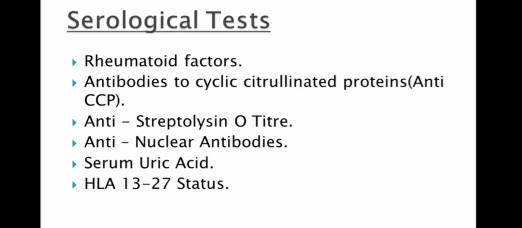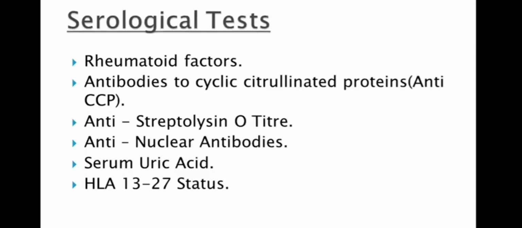Otherwise, if the patient is having no criterion fulfilled at all, but the ASO is positive, then we can tell the patient that this is not rheumatic fever. It is a false positive result. You don't worry. In that way, you can interpret and clarify. That is about the ASO titer.